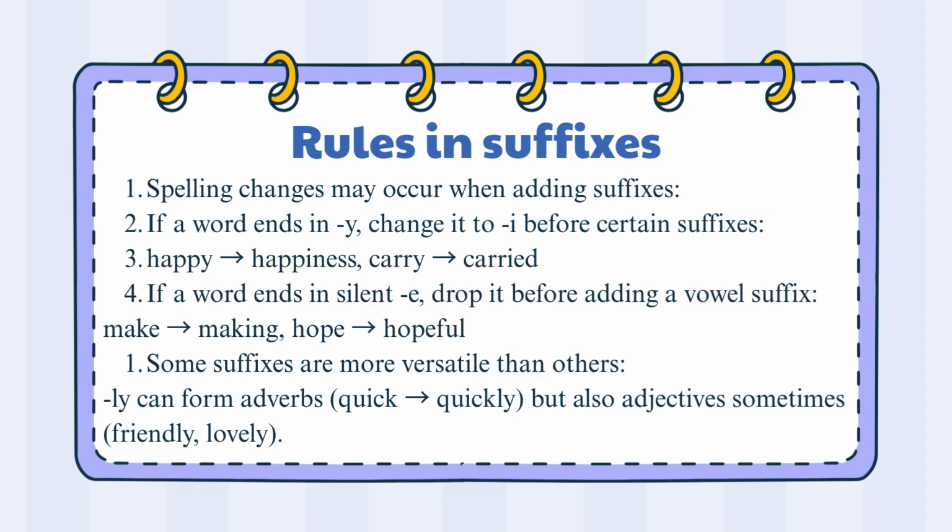Then another thing you need to know is that some suffixes are more versatile than others. They can play different roles. LY can form adverbs, quick, quickly, but also adjectives sometimes, friendly, lovely.